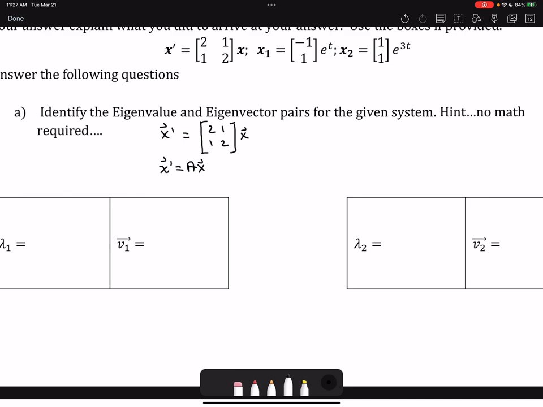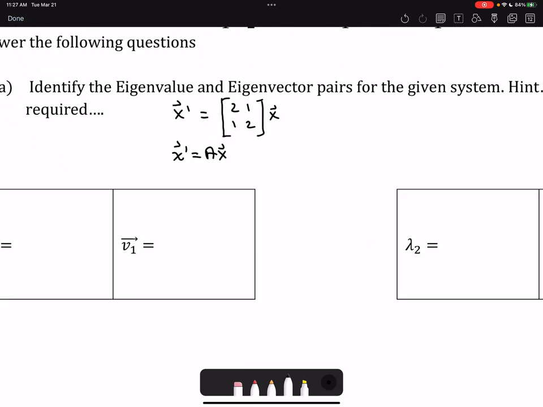Okay. Well, where are we going with this? Well, this really looks like one of the differential equations we used without the matrix part of it. Okay, so why don't we guess a solution? Let's guess a solution x1 e to the lambda t. Now, why are we guessing this solution?